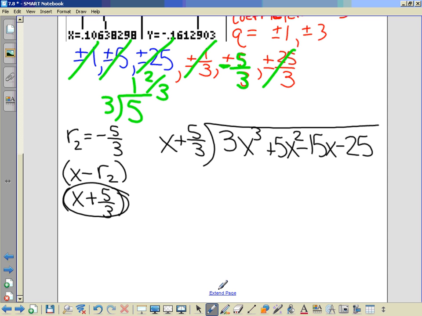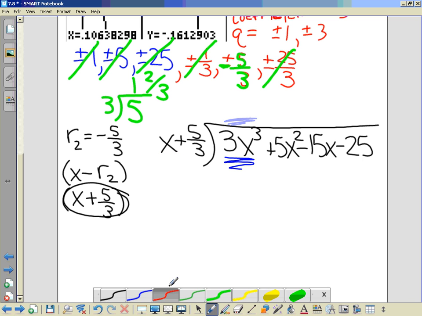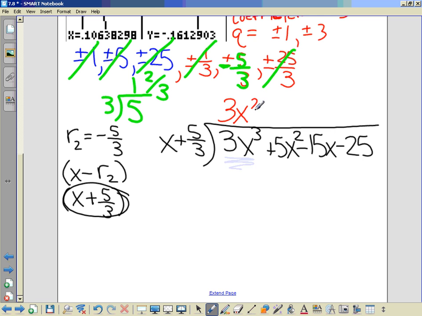Now, when you're doing long division with polynomials, you want to think about x times what will give me 3x cubed. X times 3x squared will give me 3x cubed. We need to distribute that 3x squared here and here. What's 3x squared times 5/3?